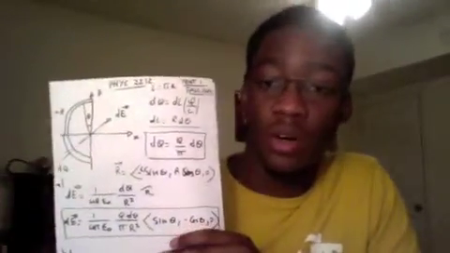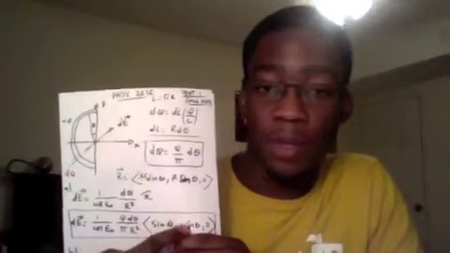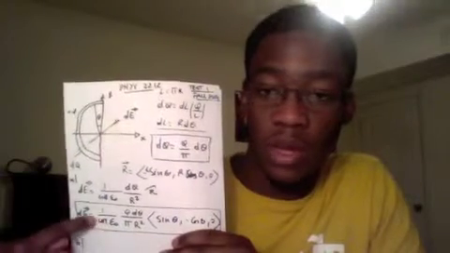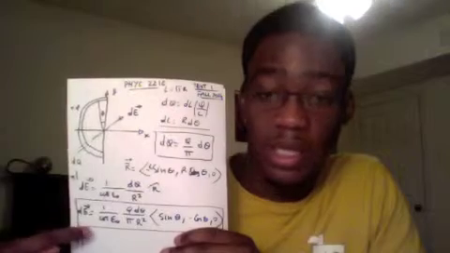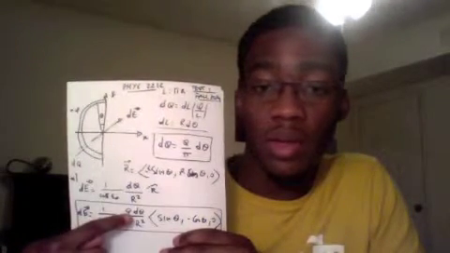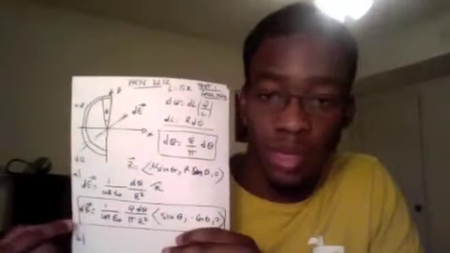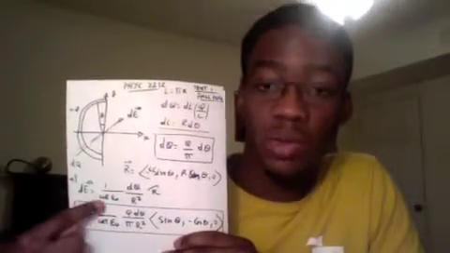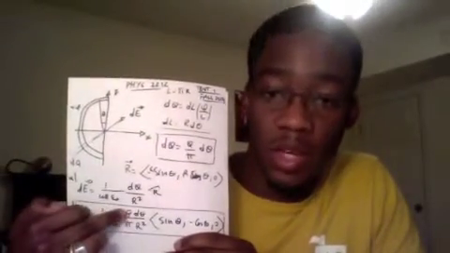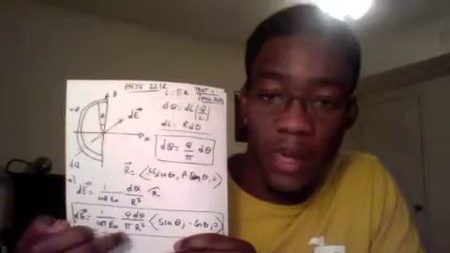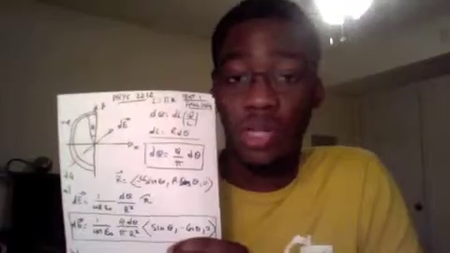So for question A, after you find the r hat, just plugging in dq here, you have that dE is equal to k times Q d theta over pi r squared, multiplied by your r hat, and this is your first answer.